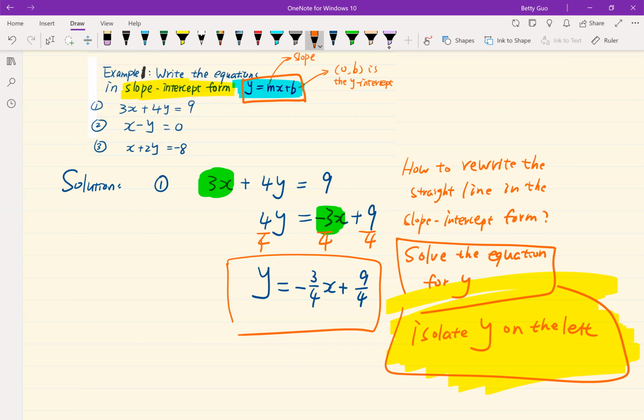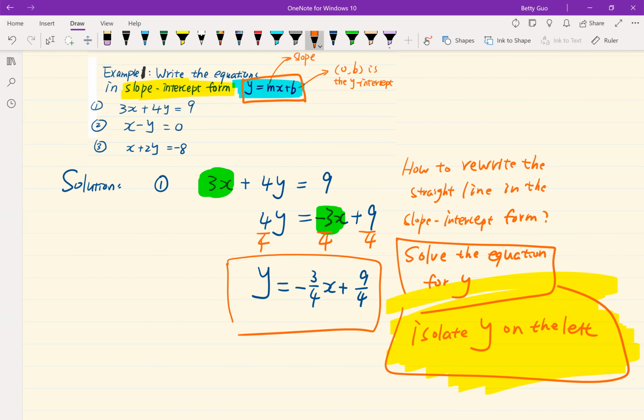Why do we have to convert it to slope-intercept form? Isn't the standard form enough? You might already see the advantage of slope-intercept form. We are able to identify slope and y-intercept directly from slope-intercept form. We cannot do that if the equation is in the standard form. It does have its advantage.